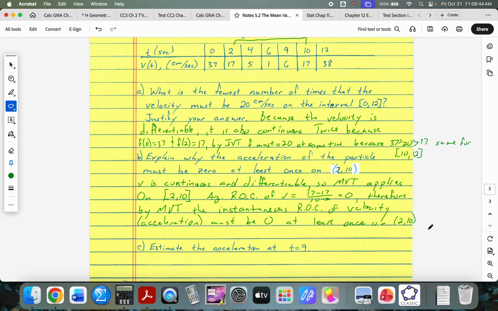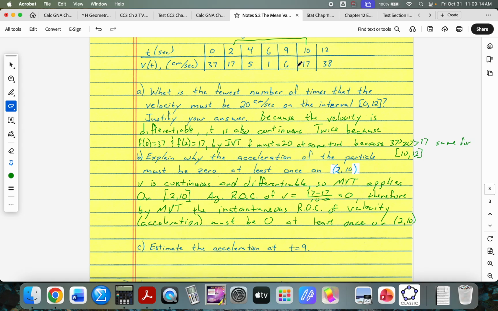And then it says, estimate the acceleration at t is equal to 9. Well, the acceleration is the rate of change in the velocity, right? So I can't find the instantaneous, but I can do a small interval that includes 9 to estimate it. Notice it does say estimate.